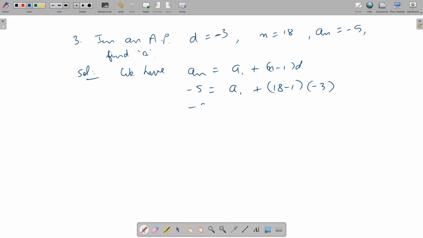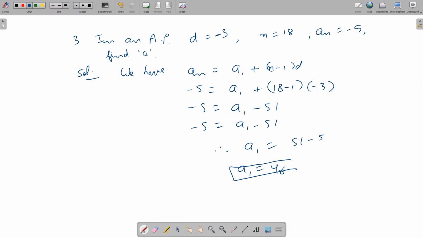So this will give us minus 5 equal to a1 plus 17 into minus 3. So what is 17 into 3? That is 51. So minus 51. This will give us minus 5 equal to a1 minus 51. Therefore, a1 equal to 51 minus 5, and that is 46. So a1 equal to 46.